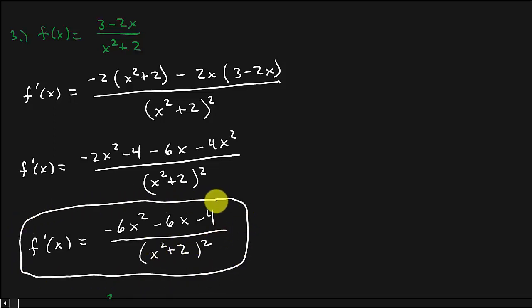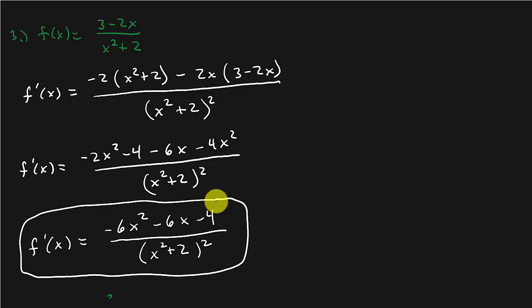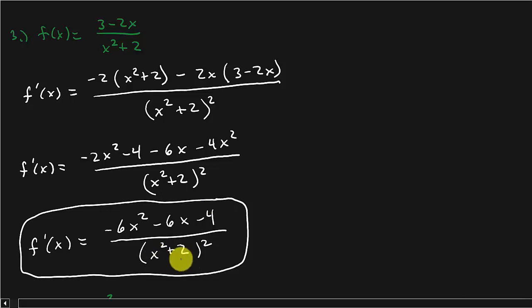All right, so the question that's asked quite a bit when we do the quotient rule is, do I need to multiply that denominator out? In other words, would I need to rewrite the denominator as x to the fourth plus 4x squared plus 4? Write this instead of this. And the answer is no. Don't multiply it out.